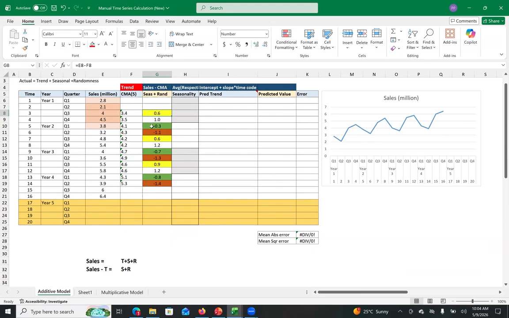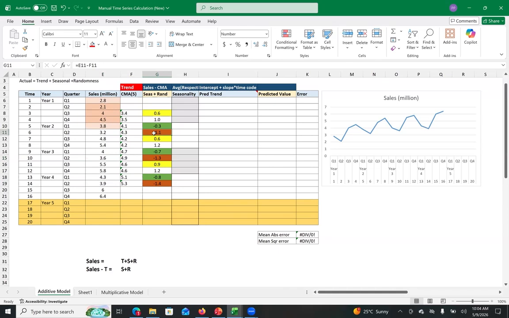But are the values repeating over here? Let's say the green one, if I pick quarter one, this is quarter one everywhere. Is it the same value for quarter one everywhere? Or am I getting the same value for quarter two everywhere, this orange one?